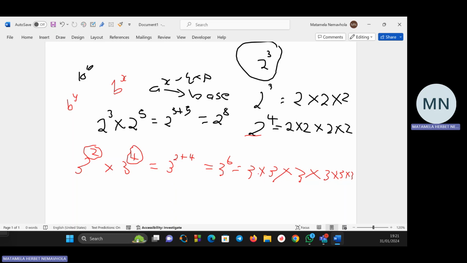This means that you're going to multiply 3 times 3 until 6 times. If you count them, you're going to see that we have 1, 2, 3, 4, 5, 6, until 6 times.